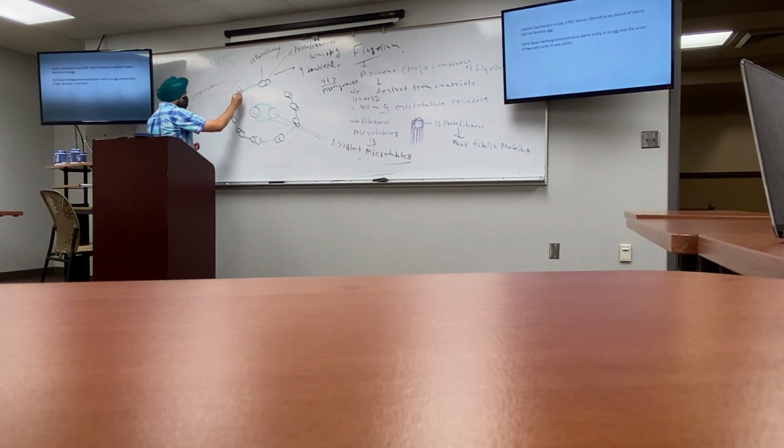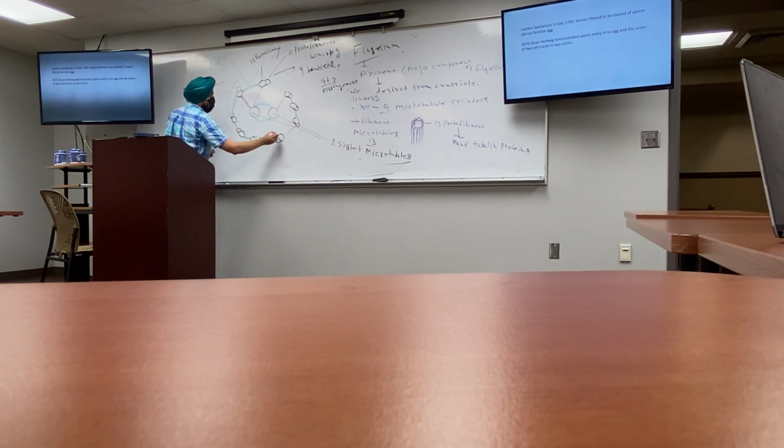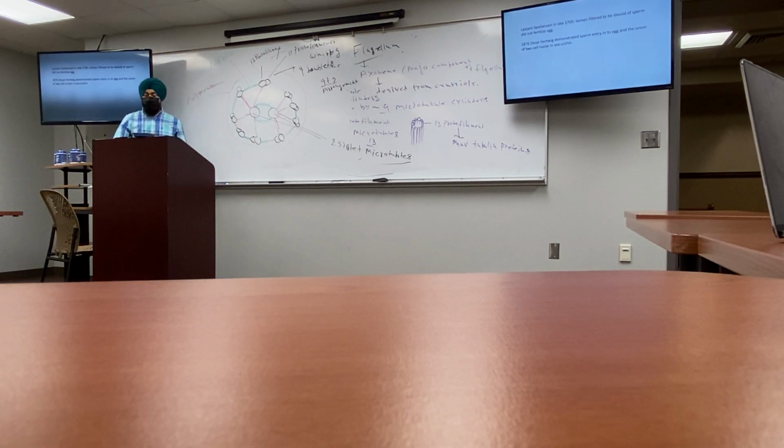So right here is a protein that is joining outer to inner like this. These are called radial spokes. These are again the next type of protein.